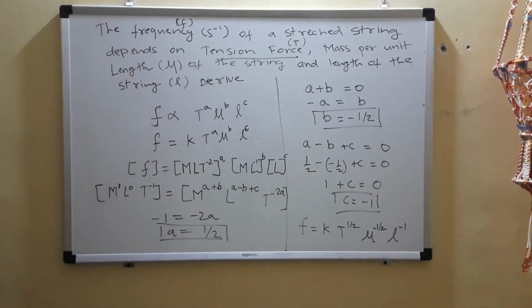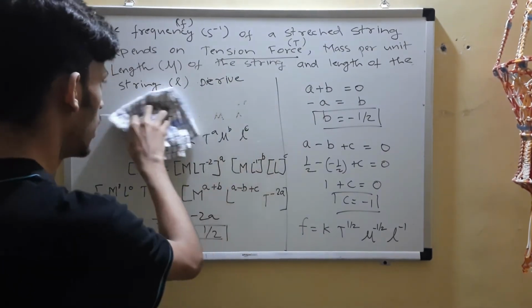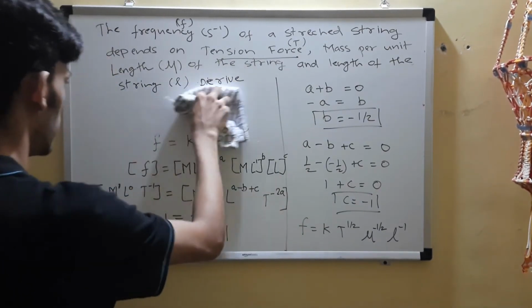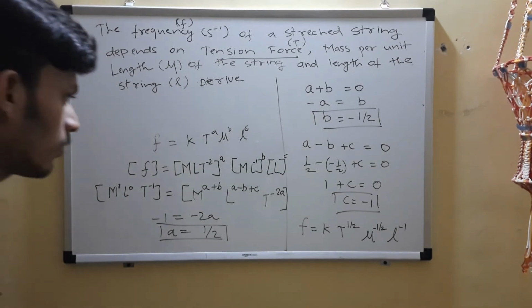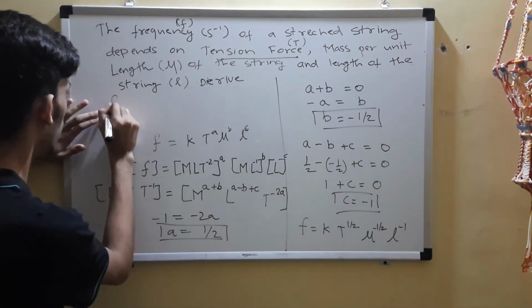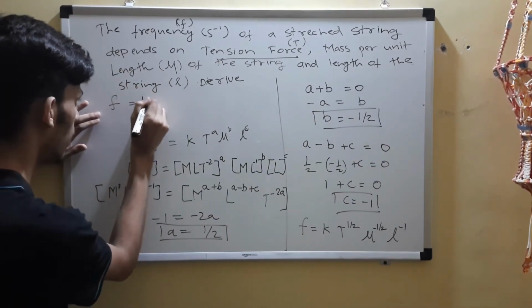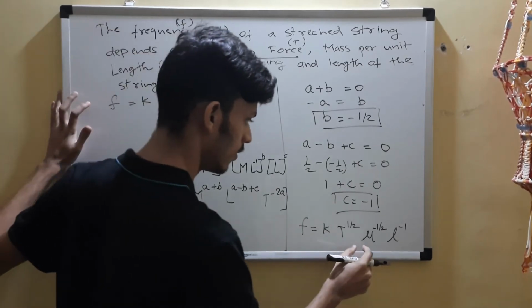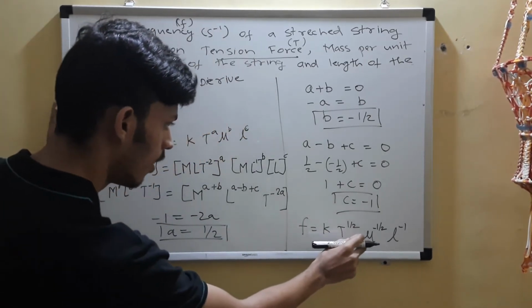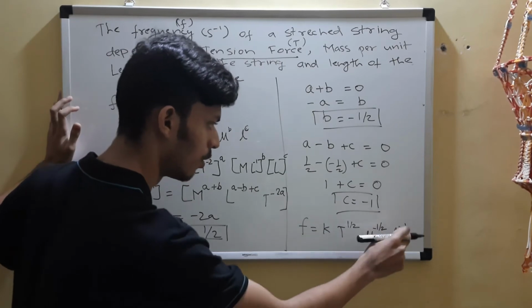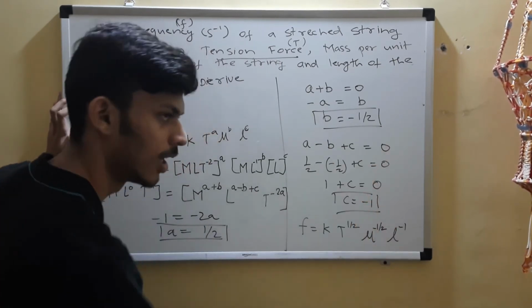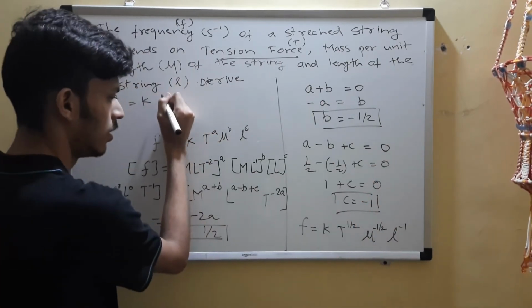Okay. Where can I do it? Let's look for some space. Okay, I'll do it here. I'm removing this proportionality equation. Okay, from here I came here. F is k, which cannot be determined this way. Now this is raised to half. Okay, this is minus, so whatever minus terms are there, you take it in the denominator and change the sign.